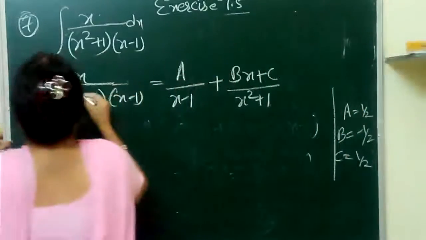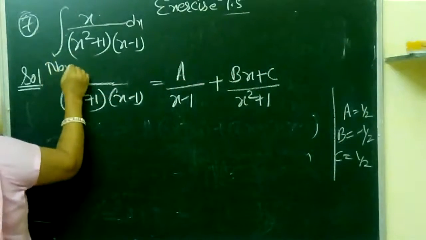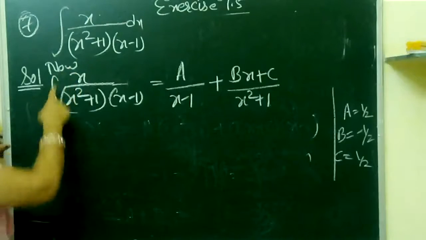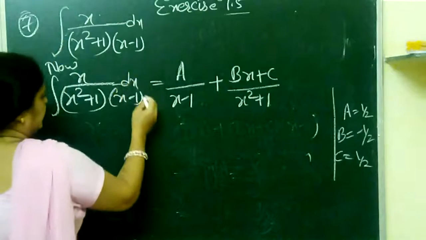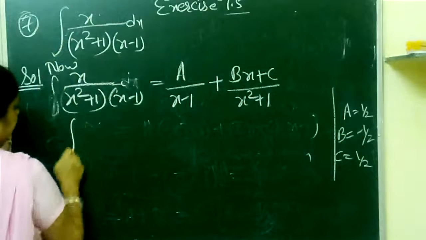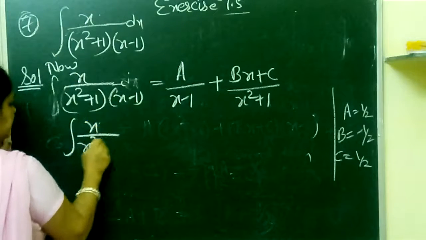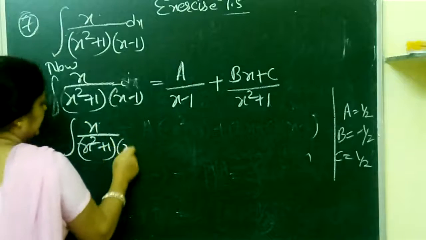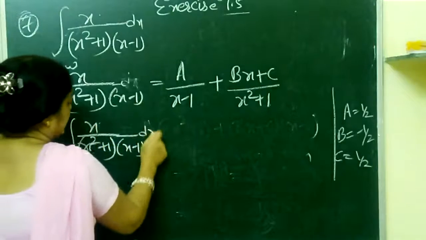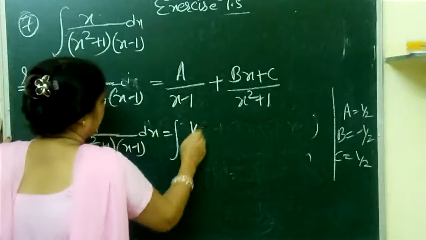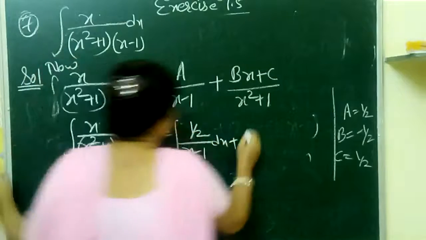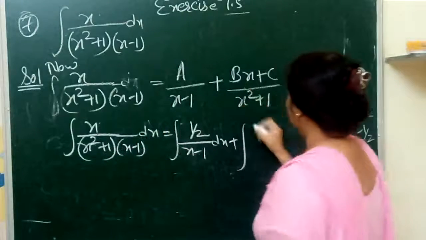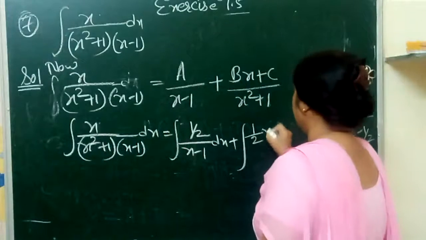Now we will start this step. Now integration. Why are we writing it here? Because we are using integration with dx, and we put the values in the next step. Integration of x upon x square plus 1, x minus 1 dx. What is the value of a? Half upon x minus 1 dx plus, sorry, b, half into x.